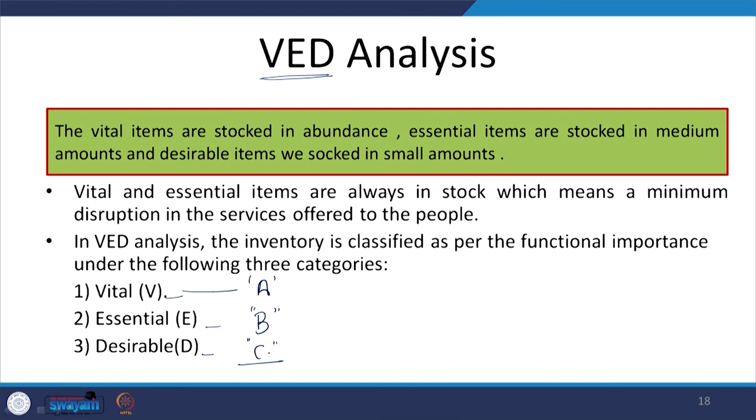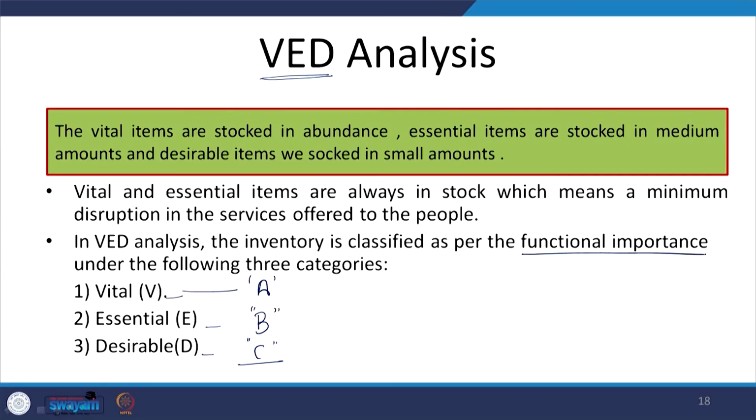So, VED analysis is also very useful because ABC is purely on the basis of monetary classification, where those items which constitute more value in your stock are given more priority.